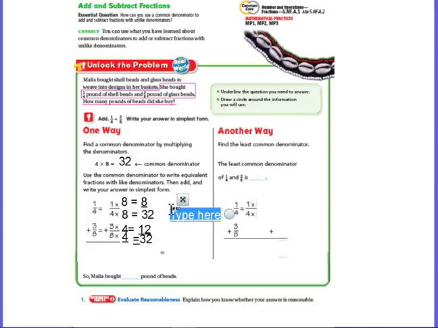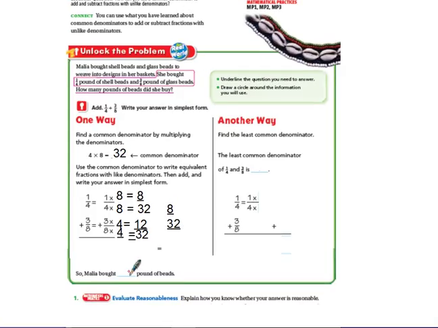So now I would add those together: 8/32 plus 12/32. When I add that, I get 20/32.